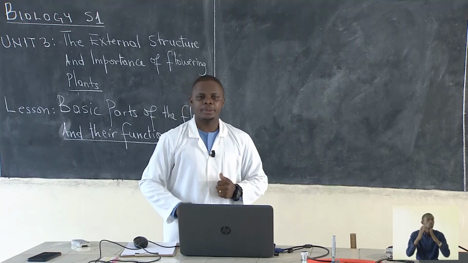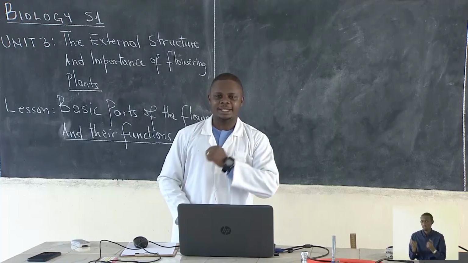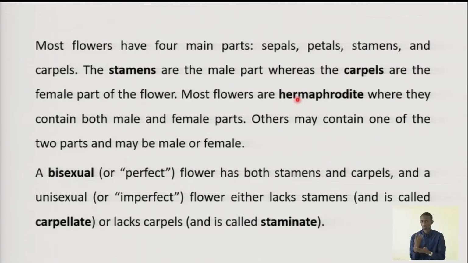Students, most flowers have 4 main parts. Here we talk about sepals. These are parts of the flower. We talk about petals. We talk about stamens and carpels. When we talk about stamens, these are male parts, while carpels are female parts of the flower.